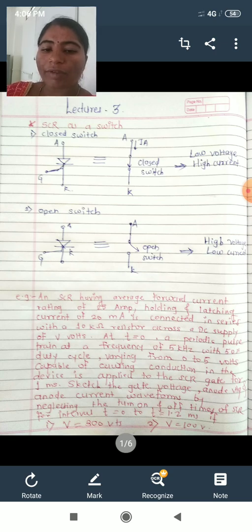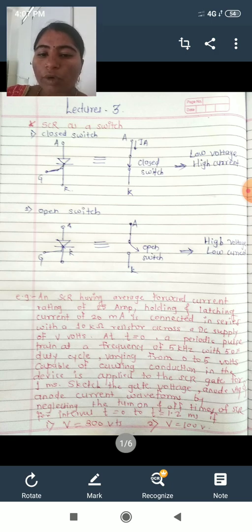At t equal to 0, a periodic pulse train at frequency of 5 kHz with 50% duty cycle, varying from 0 to 5 volts, capable of causing conduction in the device, is applied to the SCR gate for 1 millisecond. Sketch the gate voltage and anode current waveform by neglecting the turn on and turn off time of SCR.